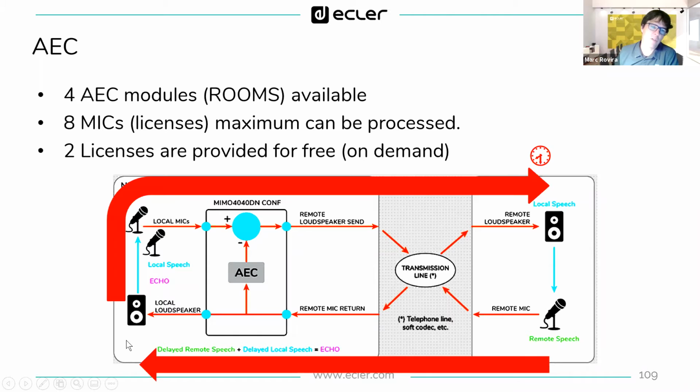When my loudspeaker reproduces the voice of my partner, and my microphone captures this sound. So my speech gets onto the loudspeaker, gets into the mic again, and is sent back. So when this arrives here, it has gone all the way around, so it arrives as an echo. The same message, delayed.